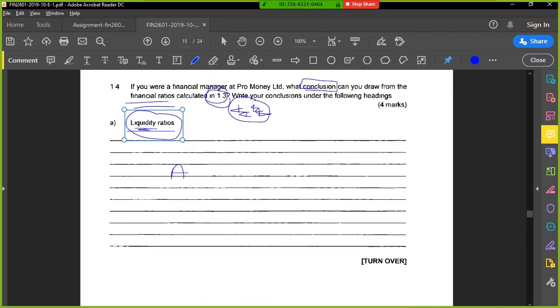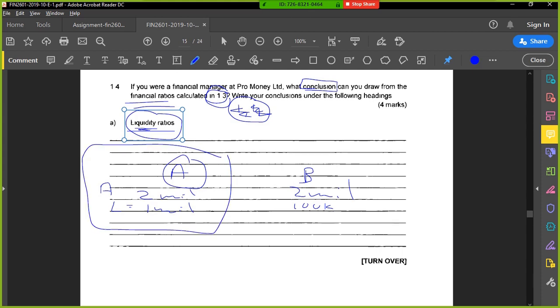Okay, so you might have a situation. This is person A, this is person B. Person A has assets of 2 million. Person B has assets of 2 million. But liabilities here might be 1 million there. For B, it might be 100,000. In terms of debt ratio, who has the higher debt ratio?